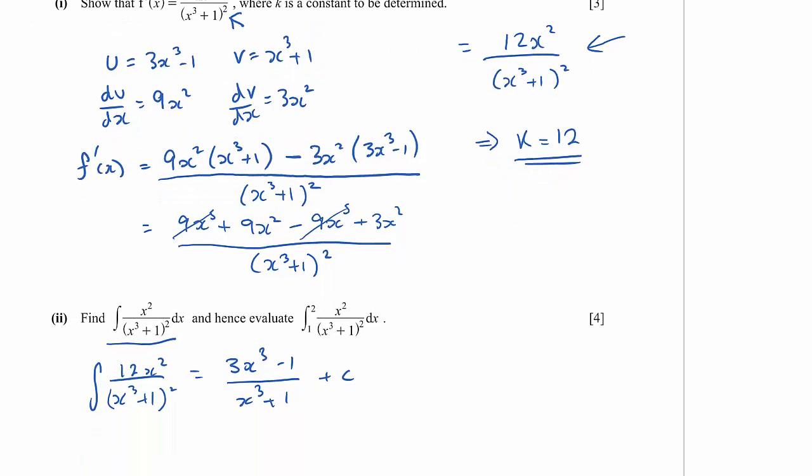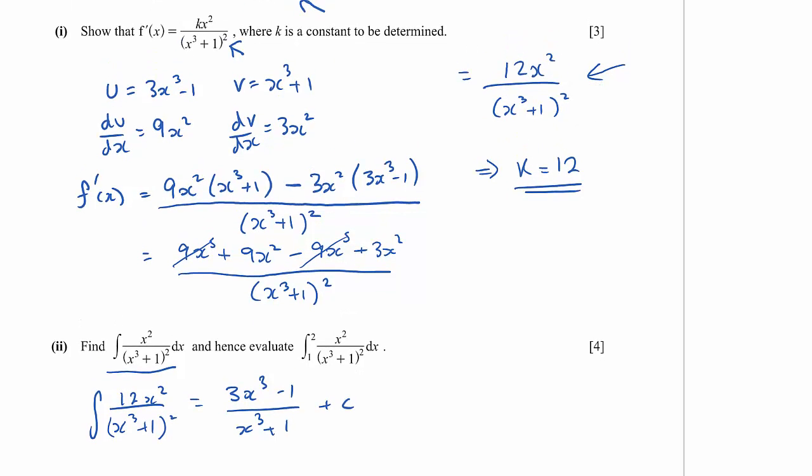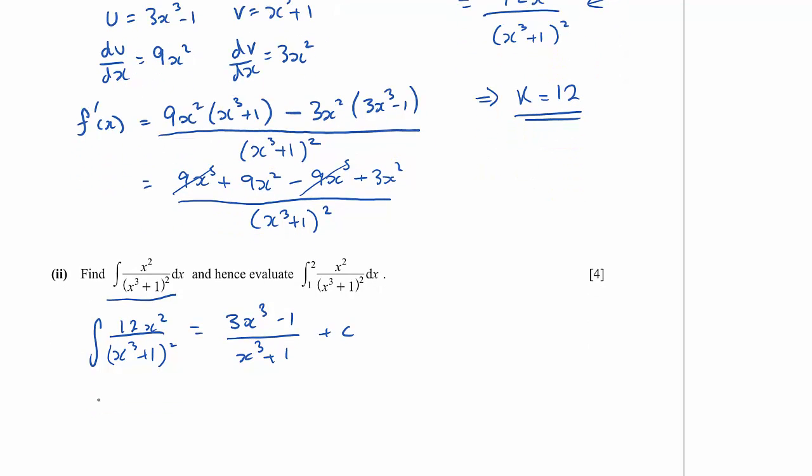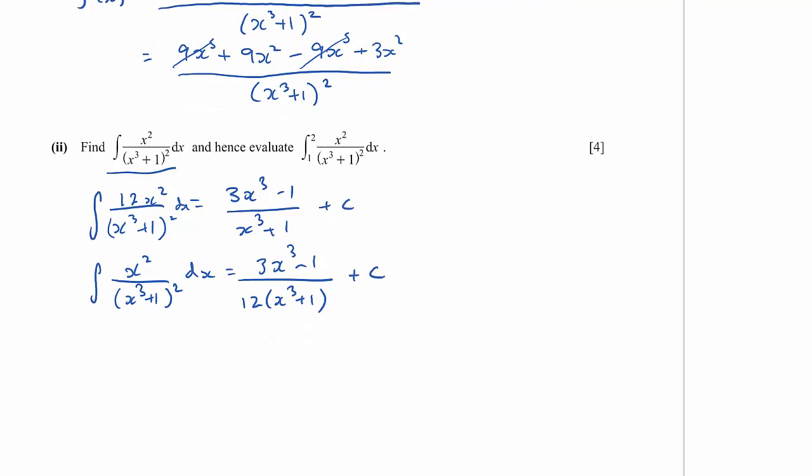And we know that because integration and differentiation are reverse processes. So if we integrate that, we're going to get what we differentiated to get it. And therefore the integral of x squared over x cubed plus 1 squared would be 3x cubed take 1 over 12 times x cubed plus 1, plus a constant.